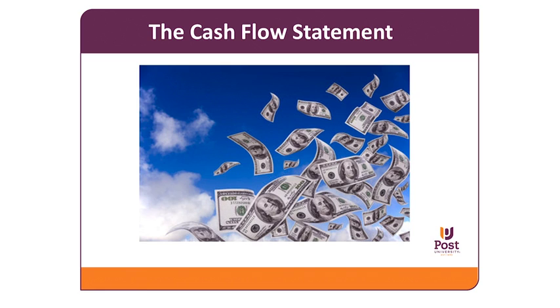The direct method shows the pluses and minuses to cash in three categories: operating, investing, and financing. The indirect method format does the same thing, but in the operating section, we start with net income and then convert the net income from the accrual basis to the cash basis.